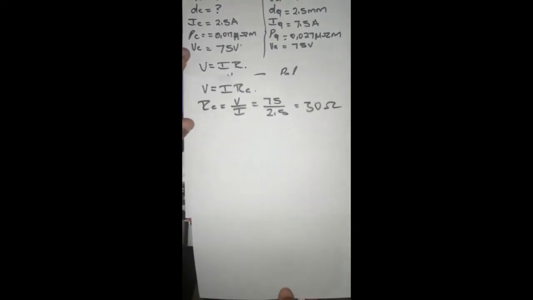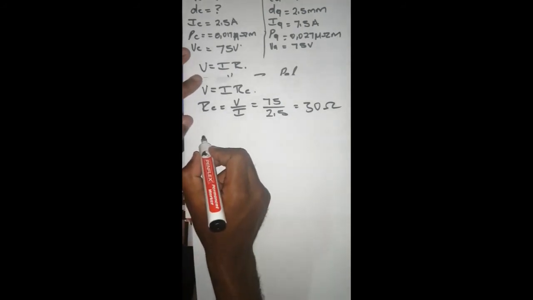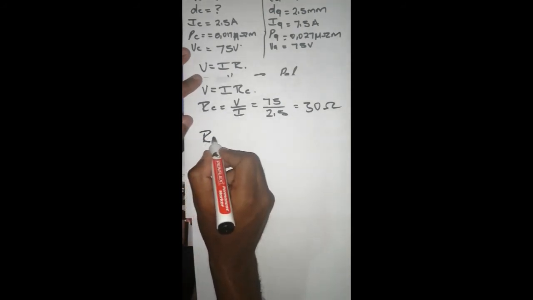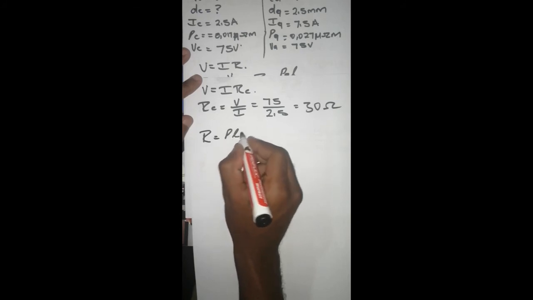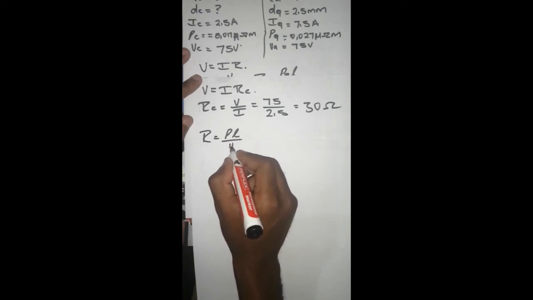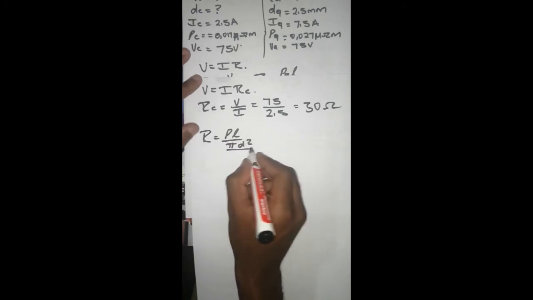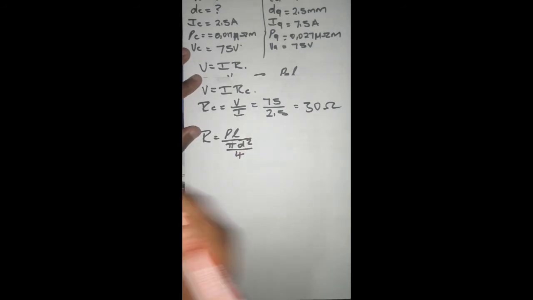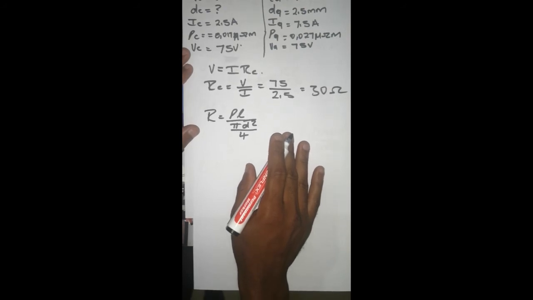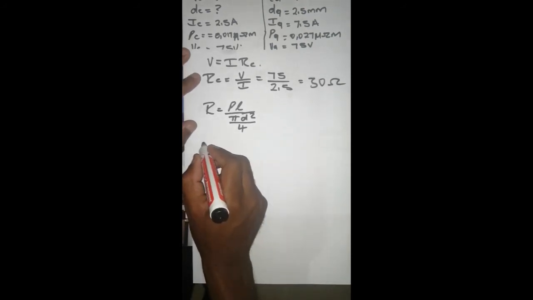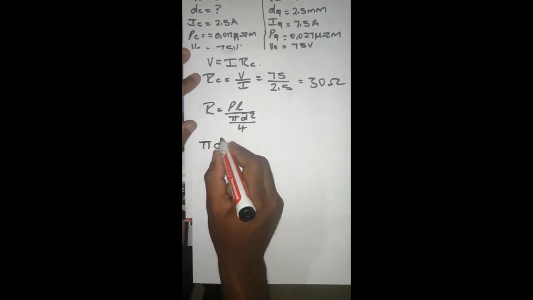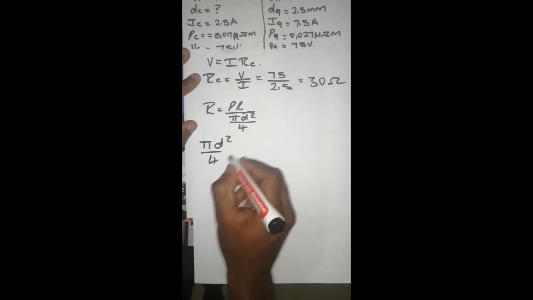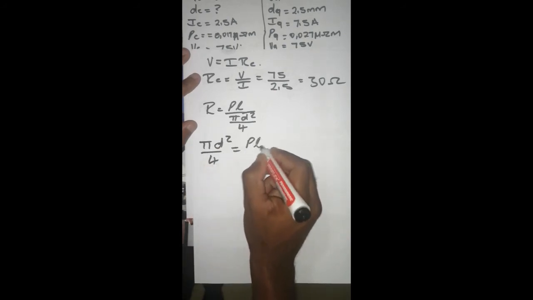Then from that we go back to the resistivity formula, which says R equals P L over pi d squared over 4, and then we try to make d the subject of the formula since we want the diameter, so pi d squared over 4 equals P L over R.